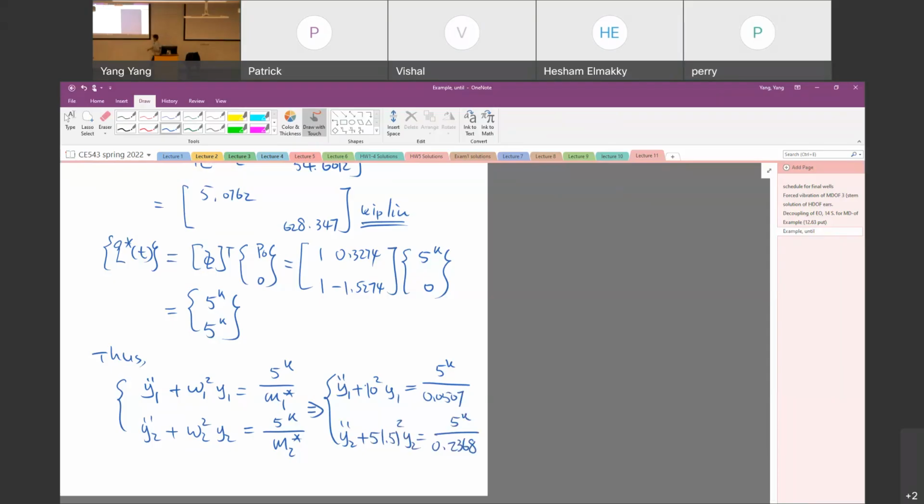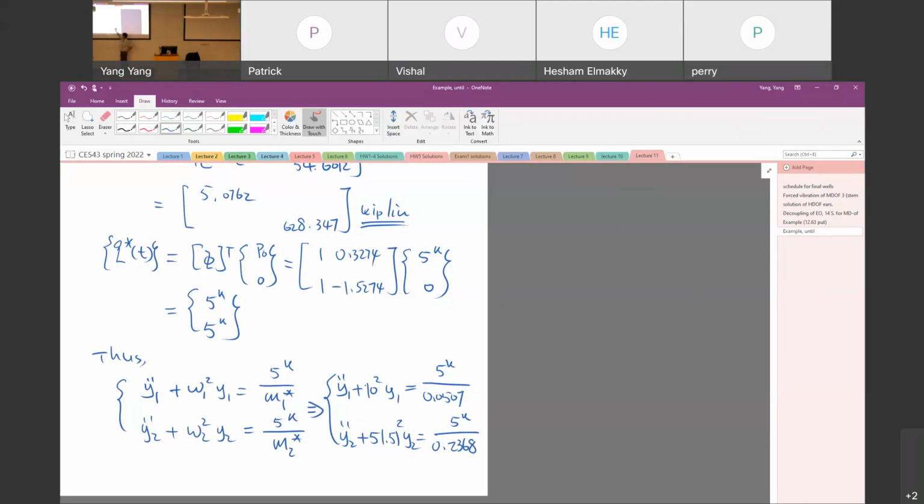We have two equations. Decoupled, each equation has only one unknown time function. Does this make sense? Do you remember how to solve this differential equation?